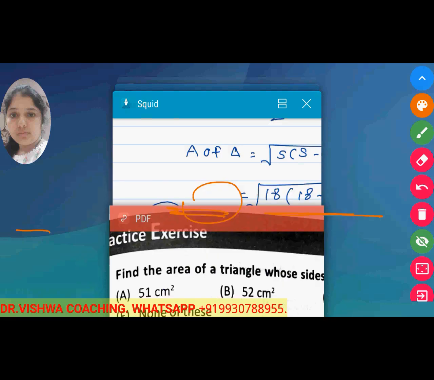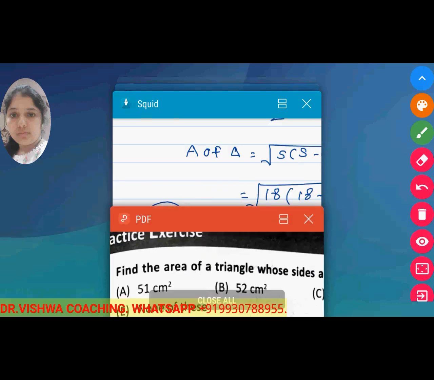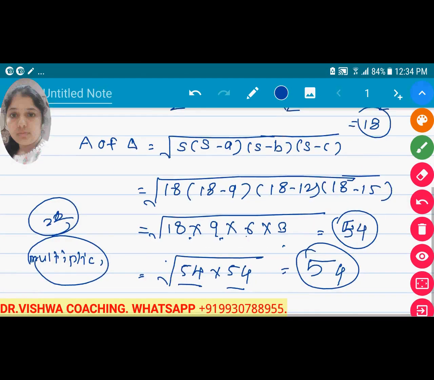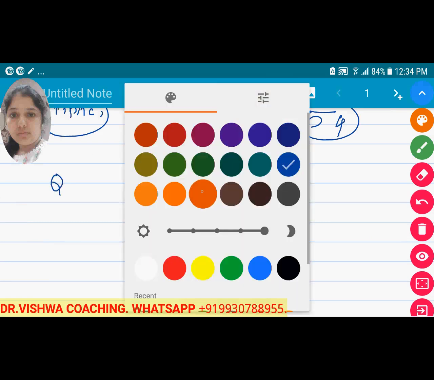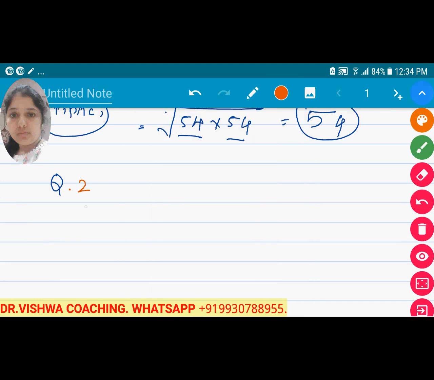Now what you will do here is assume a variable x, because we don't know the exact dimensions of the sides, but we know the perimeter of the triangle.